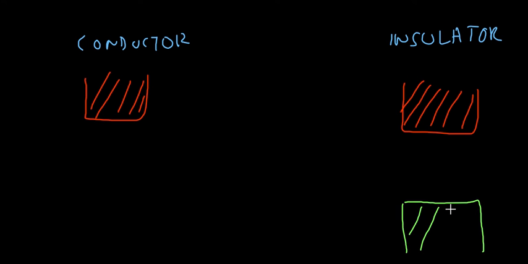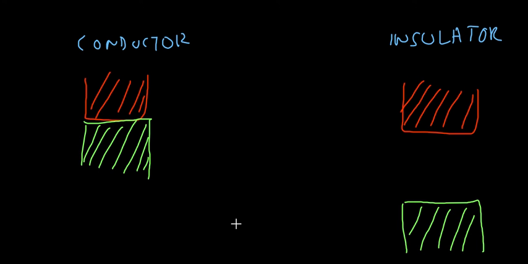This is a valence band. This is for a conductor. See, in an insulator and a conductor you can see the difference. This is your conduction band, this is your valence band.